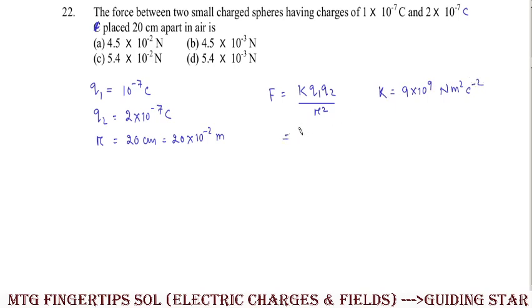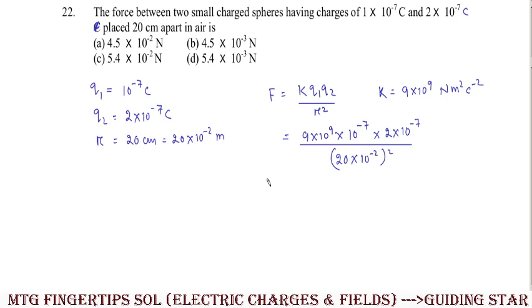So if we put all these values, 9 into 10 to the power 9, q1 is 10 to the power minus 7, q2 is 2 into 10 to the power minus 7, all divided by 20 into 10 to the power minus 2 whole square.